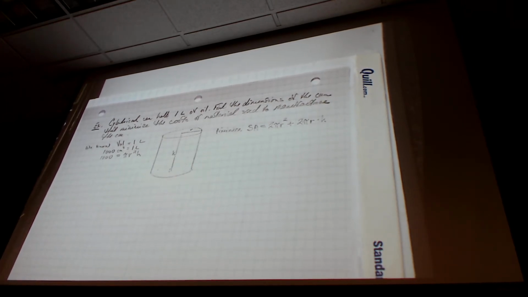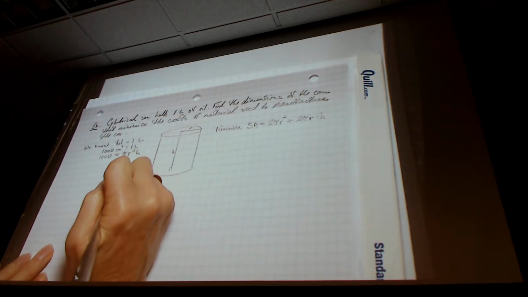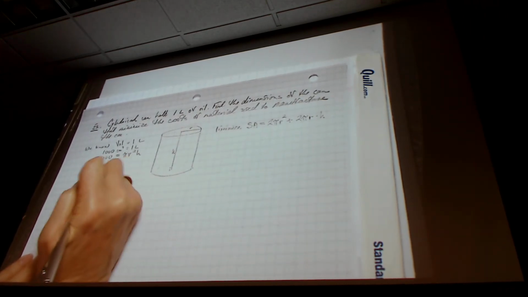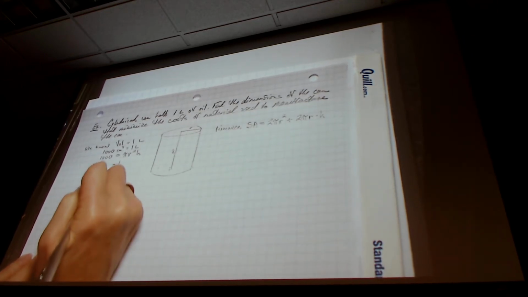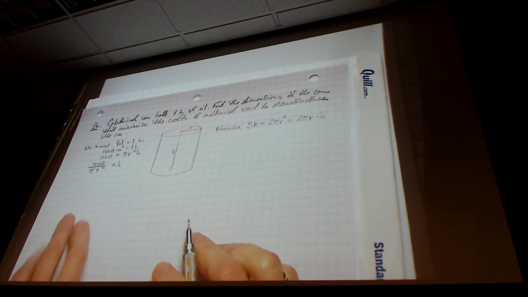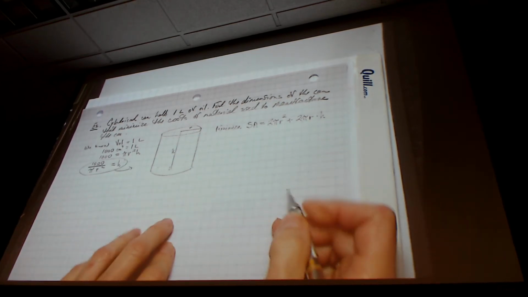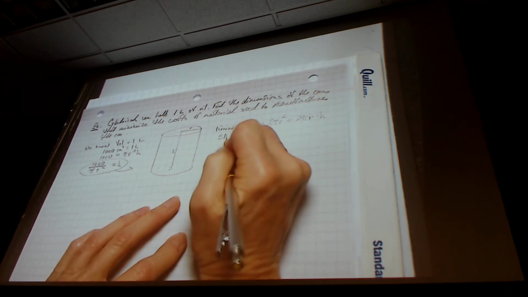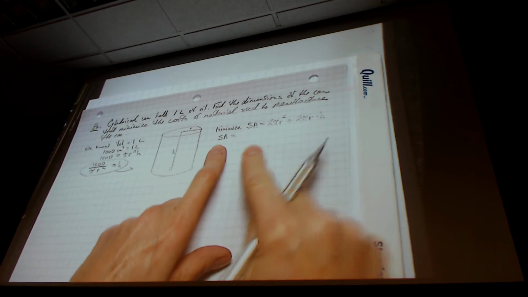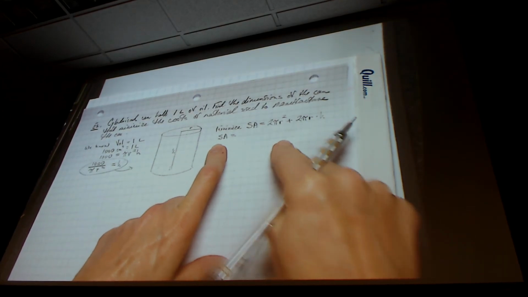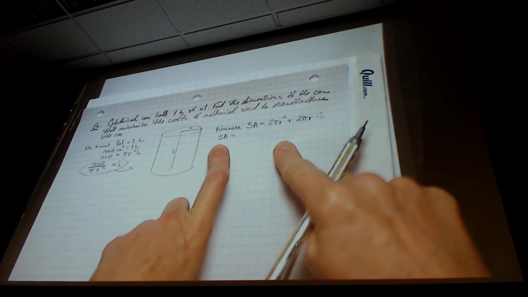So at this point, when I see these 2 variables over here, I'm going to come over to the left and say h must be 1,000 divided by pi r squared. And I'm going to use that to substitute in over here, so that my surface area, now remember, we do a lot of fooling around with the equation before we ever differentiate. We've all seen the logic in that, right? Mm-hmm. We want something simple.